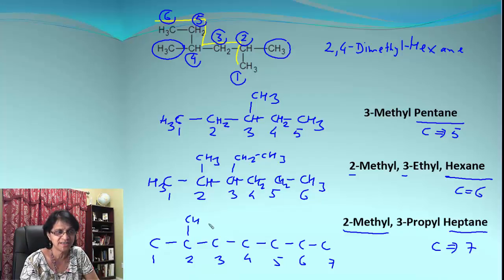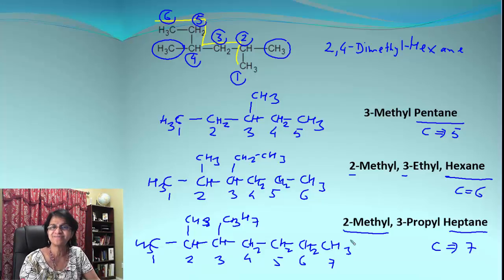So let's write down that as CH3. At position 3, we got propyl. Propyl is C3H7. And then make sure we got correct number of hydrogen atoms. And we are ready, set and go.